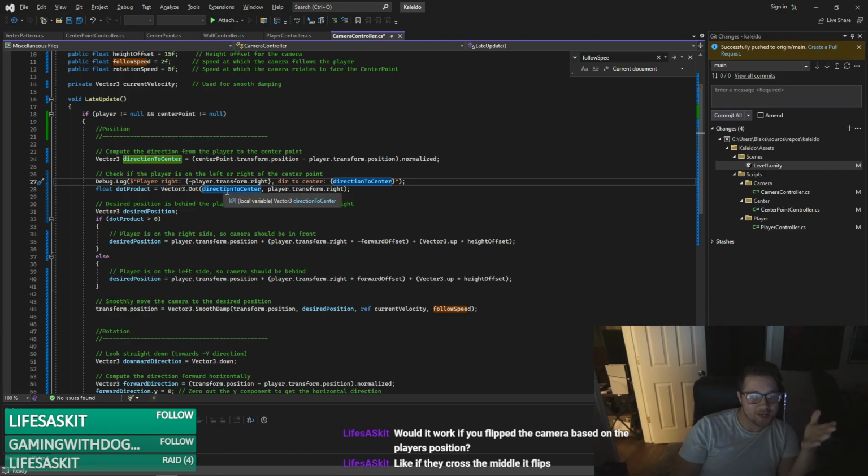That's what this is basically doing. The problem is it's using whatever player.transform.right is, which I think is a direction. It should be if they're on the left side, it's flipped. If they're on the right side, it's not flipped or whatever.